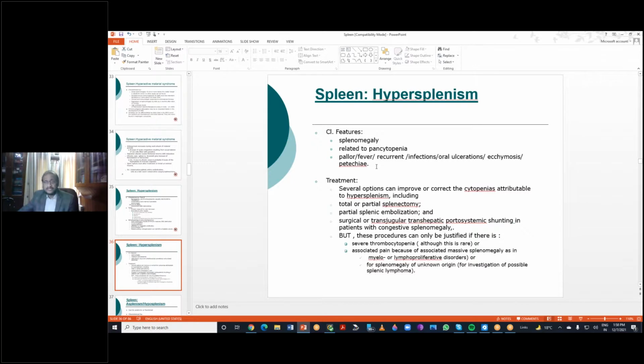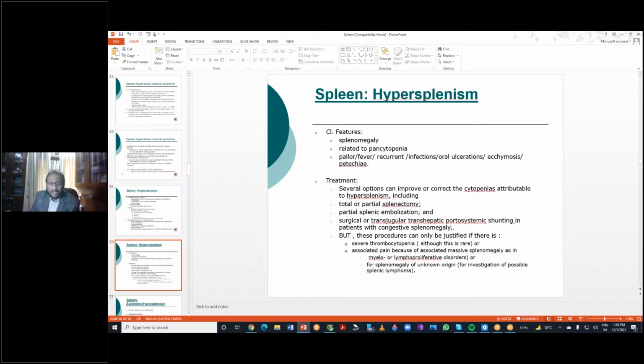For the treatment of hypersplenism, several options are there. They can improve or correct the cytopenias attributable to hypersplenism, including a total or partial splenectomy, a partial splenic embolization, or a surgical or transjugular transhepatic portosystemic shunting if the patient has got a congestive splenomegaly causing hypersplenism.